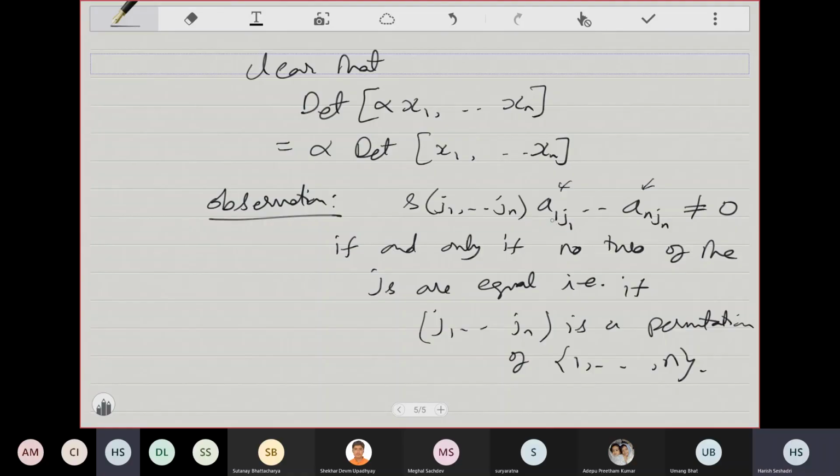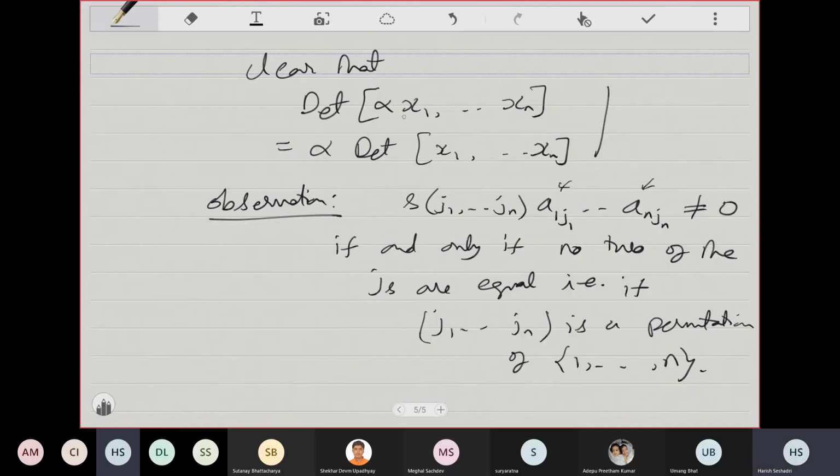For rows, it's even more clear because the row index is anyway prescribed to be 1 to n. So you pick out any term in the sum, look at the product of the A_ij's. Only one of these n terms will be from a given row or a given column. So that immediately makes this part clear.